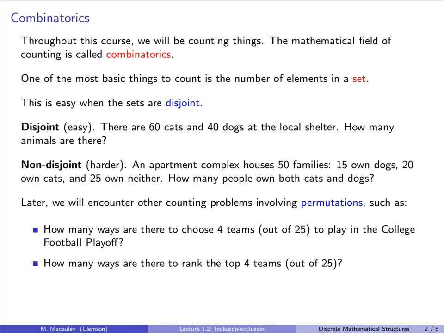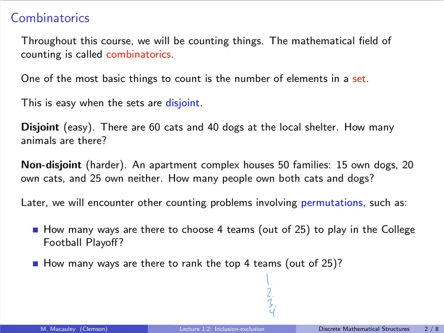So notice that I'm asking different things. In the first one, I'm asking how many ways are there to just select the 4 teams in any order, to pick a size 4 subset. And in the second one, I'm saying specifically how many ways are there to rank team 1, team 2, team 3, and team 4.